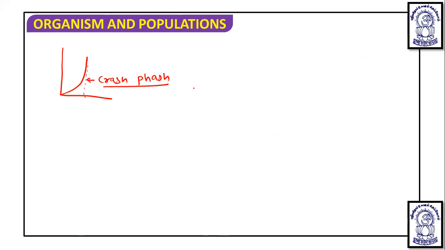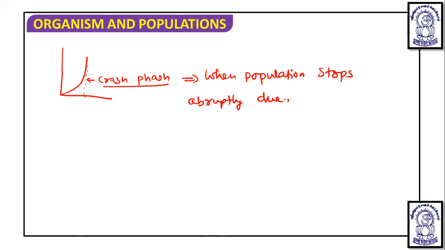In this crash phase, the population is increasing because unlimited food is there, but then the population stops abruptly due to environmental resistance.